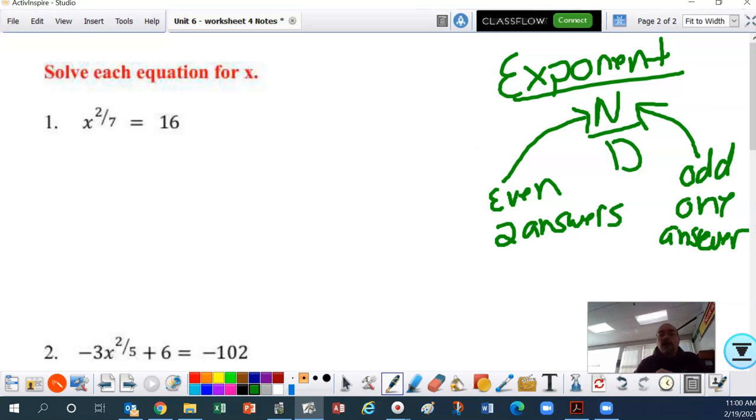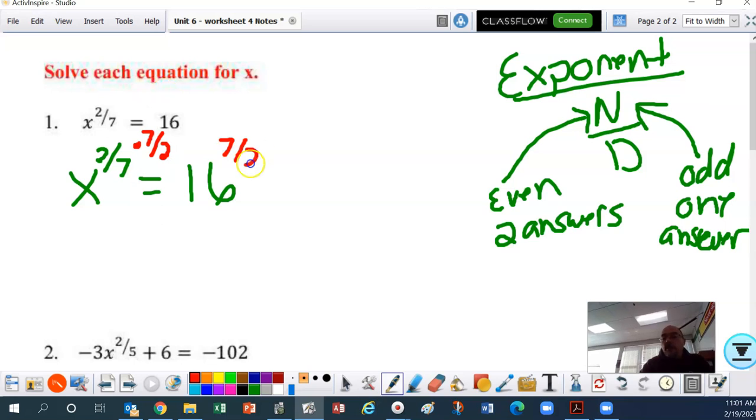So this first problem, it's going to have 2 answers. So just like we did earlier in lesson number 3, we're going to do the reciprocal on both sides. Now remember, that's an exponent. So here they're going to cancel each other.